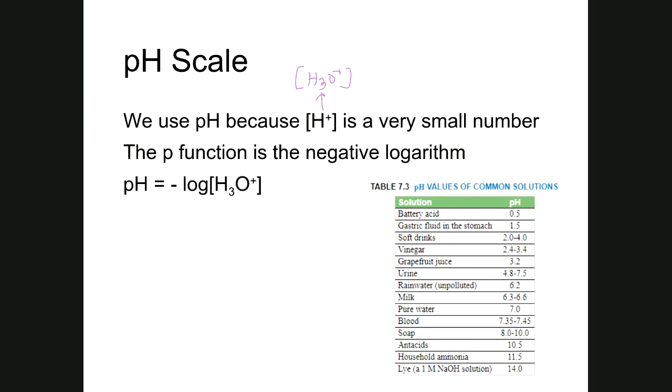So we just saw that our number was very tiny. It was times 10 to the negative 12. So instead of using that as our scale, we use a logarithm. And so a logarithm goes on a scale of 10, and it makes things just a lot easier for us to kind of pay attention to. If you're not super familiar with logs, that's okay. We'll talk about them.